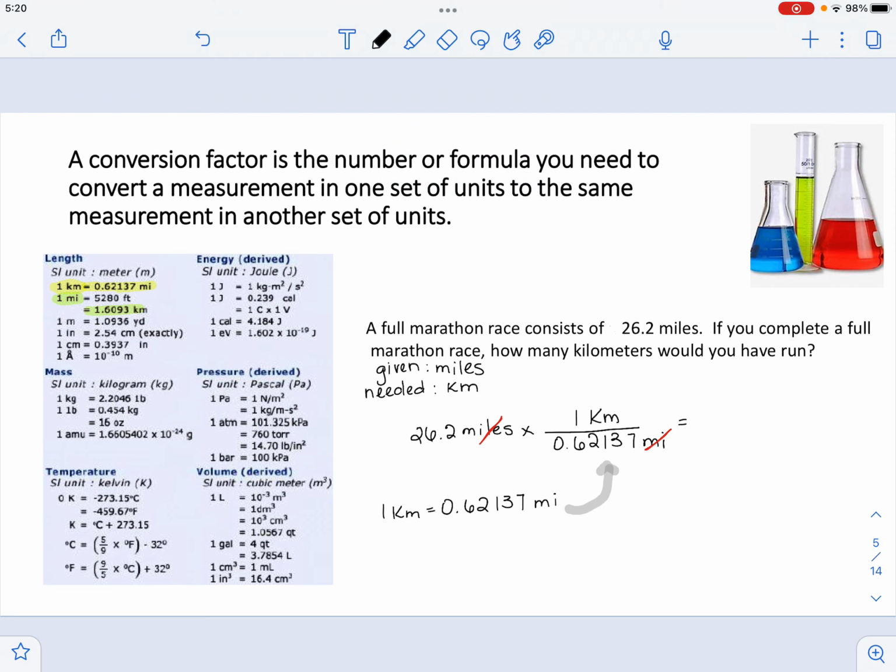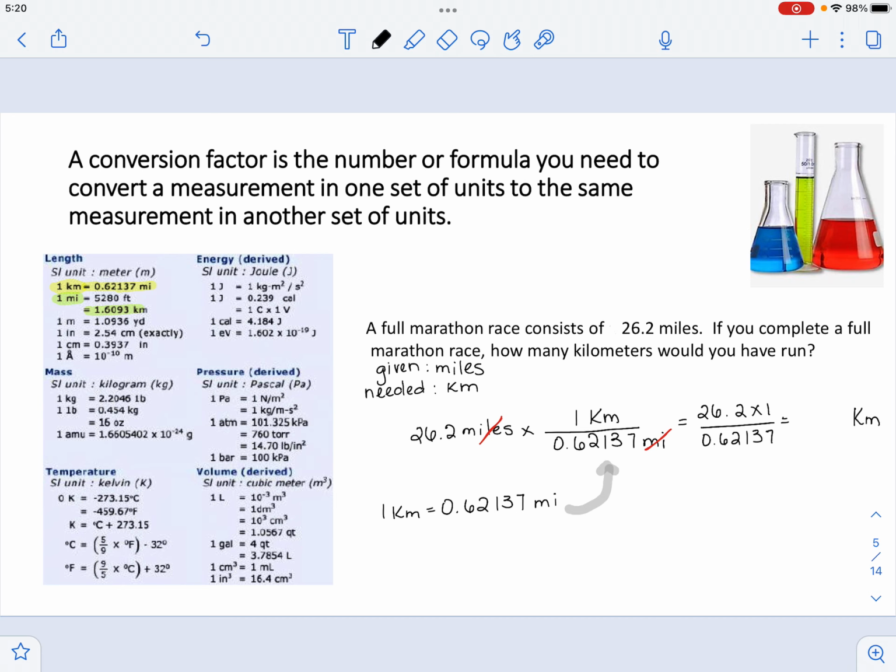And in order to solve the problem, I have to do 26.2 times 1, and I'm going to divide that by 0.62137. The result of this is going to be in kilometers.